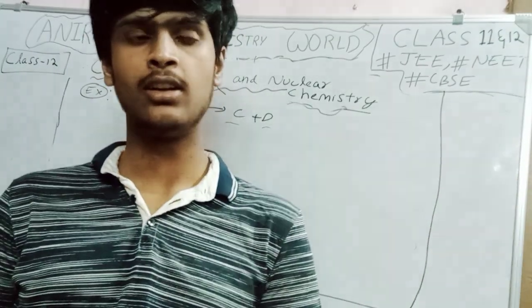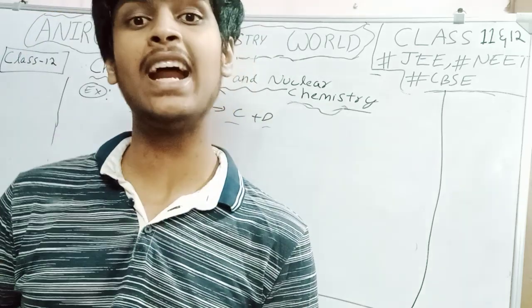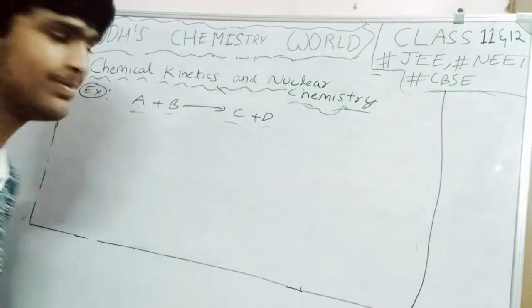In this reaction, you should write the rate in terms of each and every reactant and each and every product. Means in terms of A, B, C, D, you should express the rate.